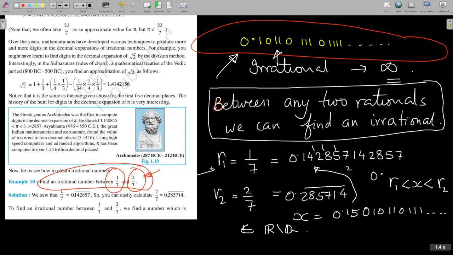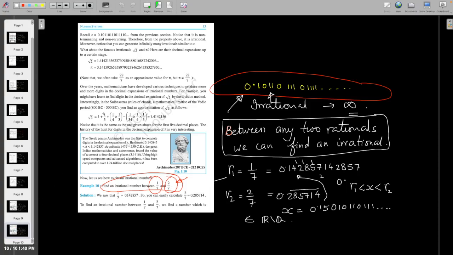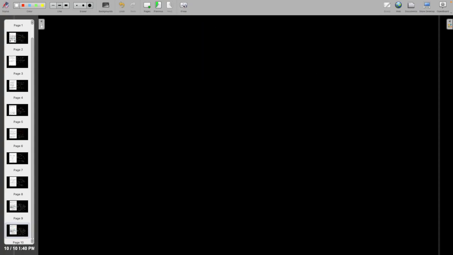So finally, there is one more case which is not discussed here in this particular book, but I think it follows by using the same strategy.